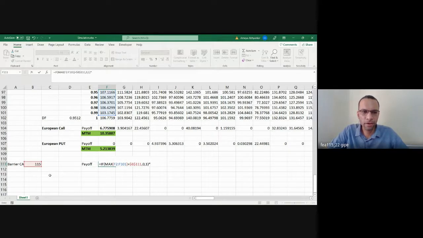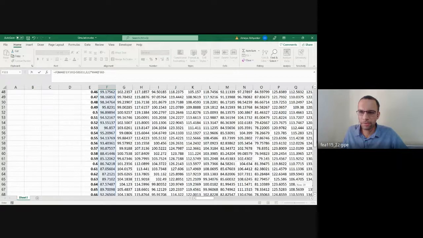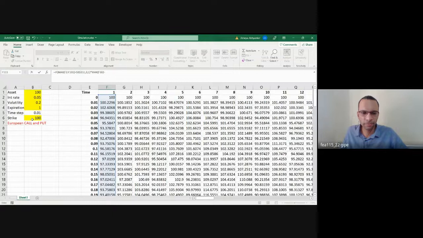Into, I have a barrier call, right? So I can have a max of ST minus, let me scroll up, the strike price is above, F4.